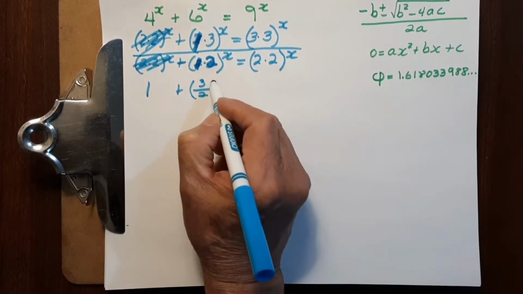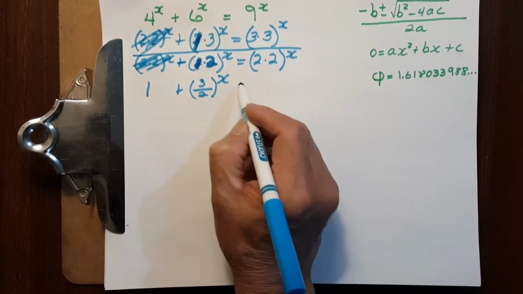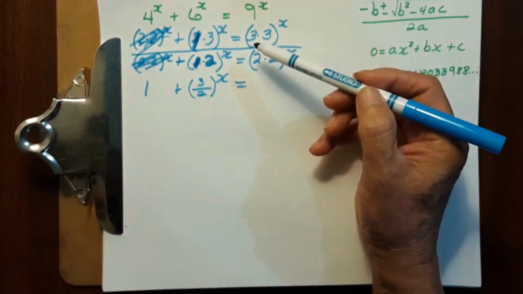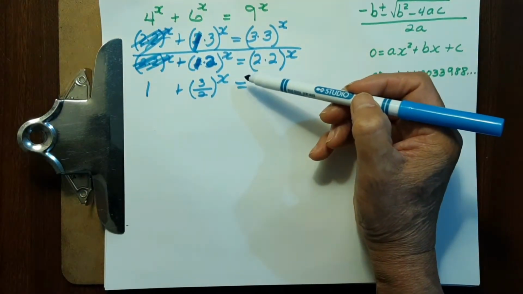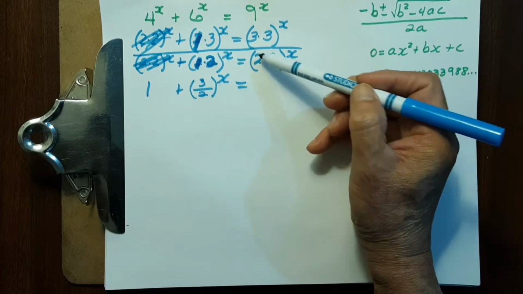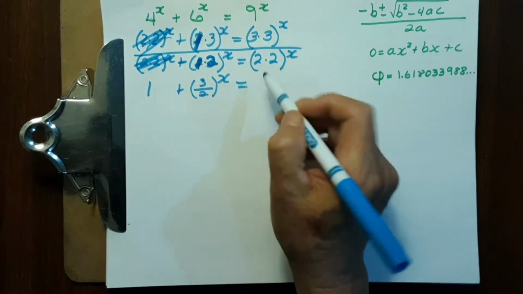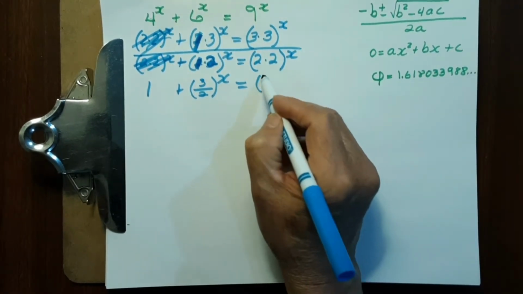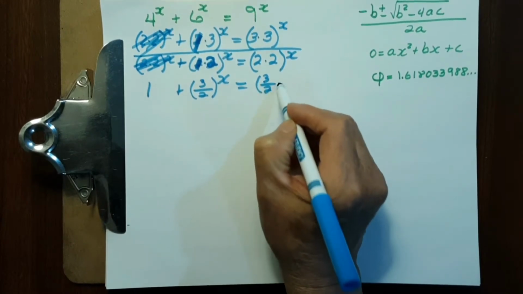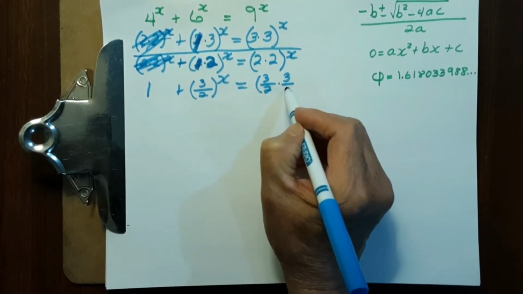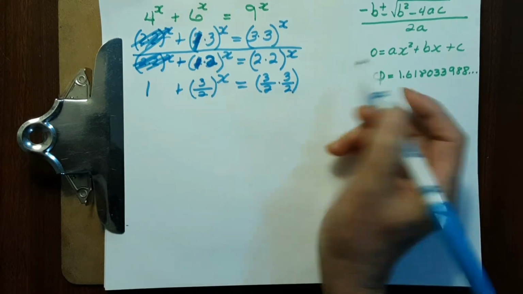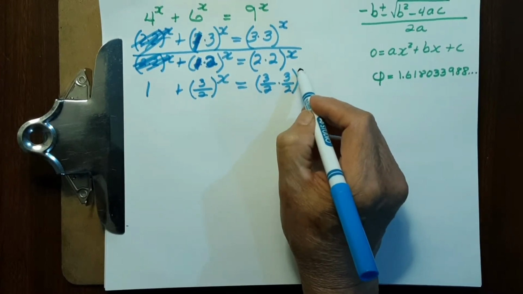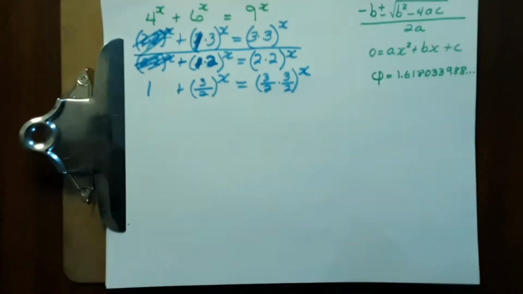Okay? 3 over 2, to the x. Here, we can do nothing at all. So we have 3 over 2 times 3 over 2, everything is to the x. Okay?